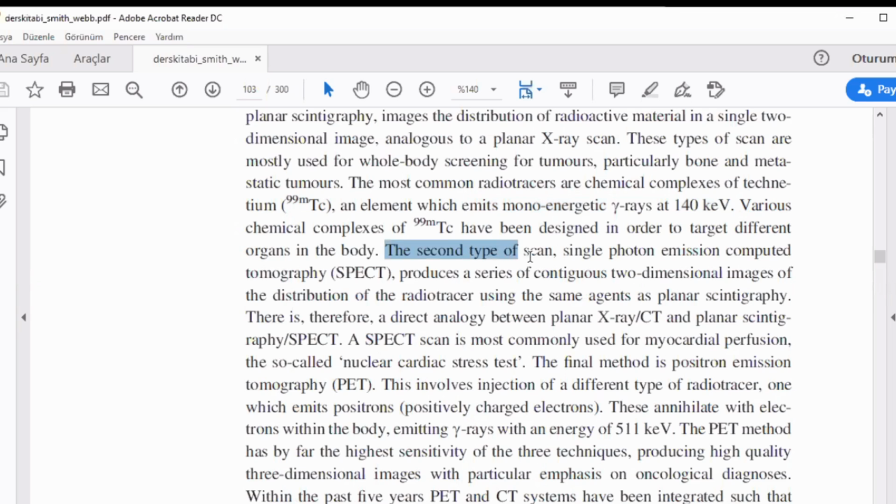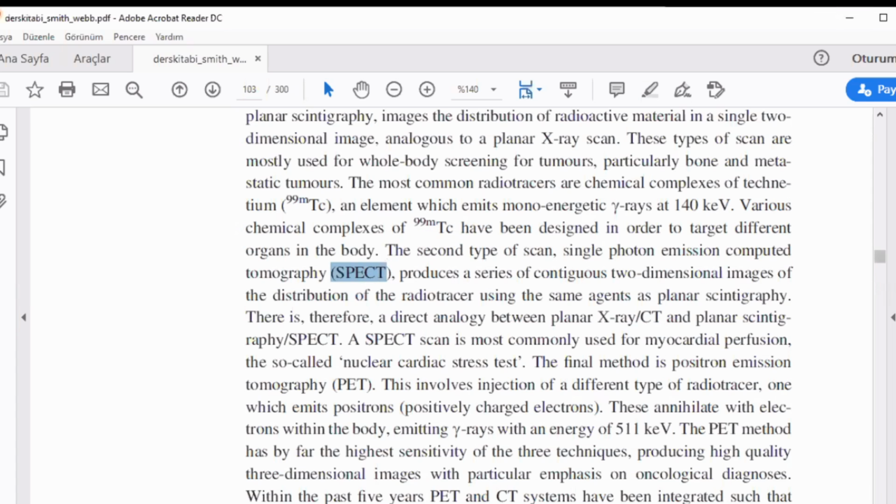The second type of scan is single photon emission computed tomography, or SPECT. This produces a series of contiguous 2-dimensional images of the distribution of the radio tracer using the same agents as planar. Compared to the planar one, SPECT is tomographic, which is volumetric. So CT, as the name implies, X-ray CT and SPECT are very analogous.